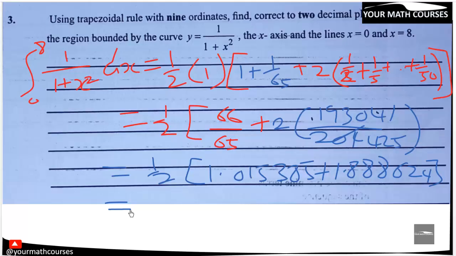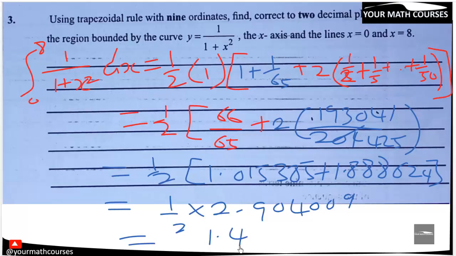This will simplify to 1 over 2 times 2.904009, and this will give us 1.452020.